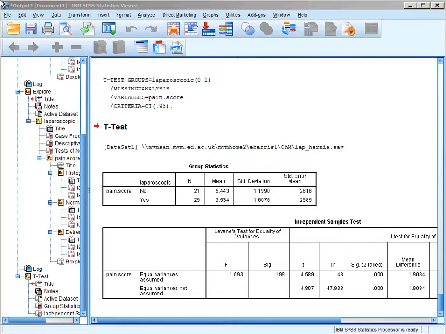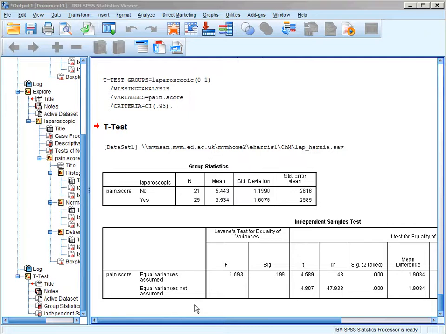But where you might want to be cautious is if you had a significant result when equal variances were assumed, but a non-significant result when equal variances were not assumed, particularly if you were worried that there was a difference between the two groups. I hope we're clear now about what we're talking about in terms of these variances.